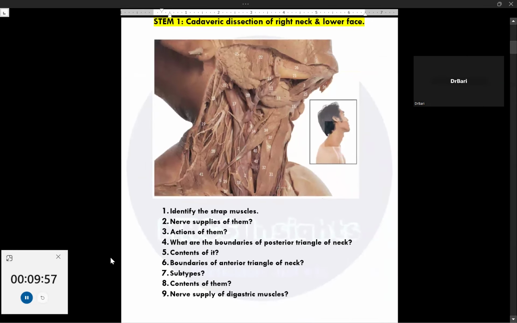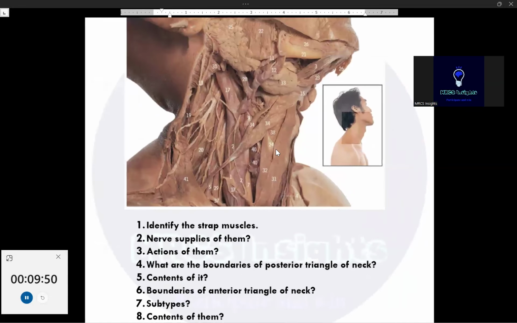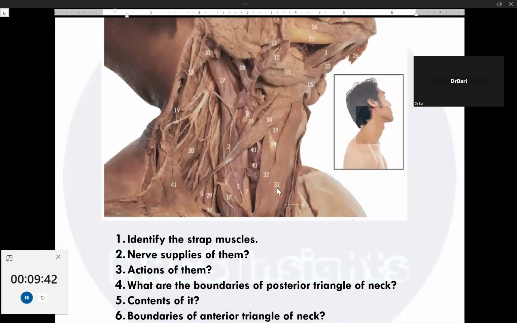So this is your image. In this image, what is number 31? Number 31 is sternohyoid muscle. Okay. What is 32? Sternothyroid. What is 38? 38 is thyrohyoid muscle.